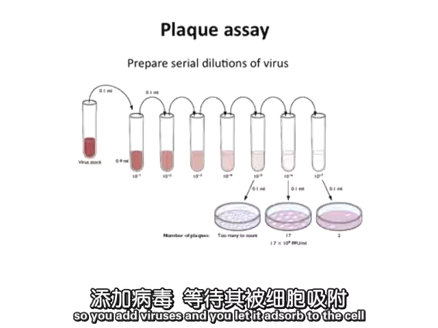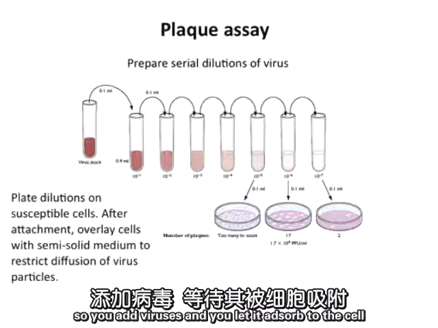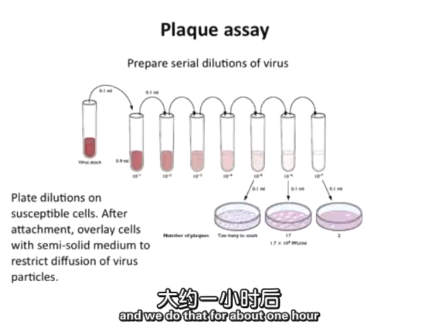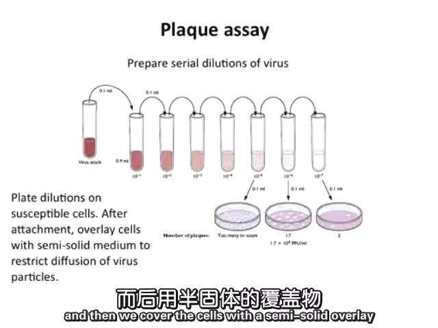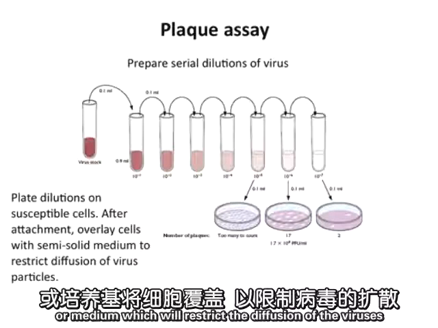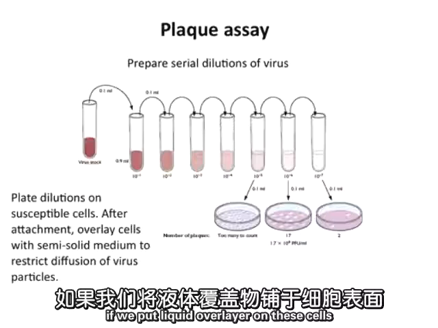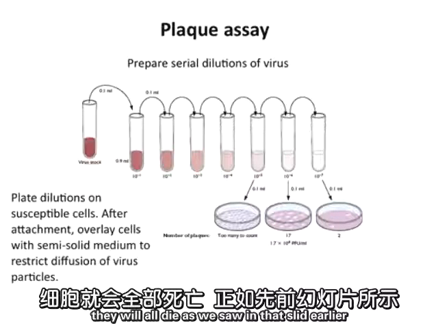So you add the virus and you let it absorb to the cells. And we do that for about an hour. We let the virus attach to the receptors on the cell surface. And then we cover the cells with a semi-solid overlay, or medium, which will restrict the diffusion of the virus. If we put a liquid overlay on these cells, they would all die, as we saw in that slide earlier.